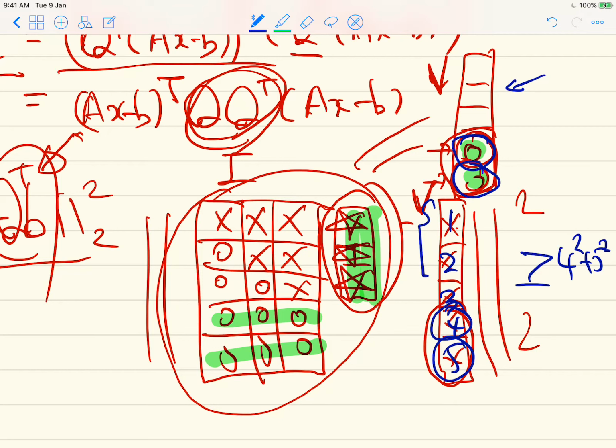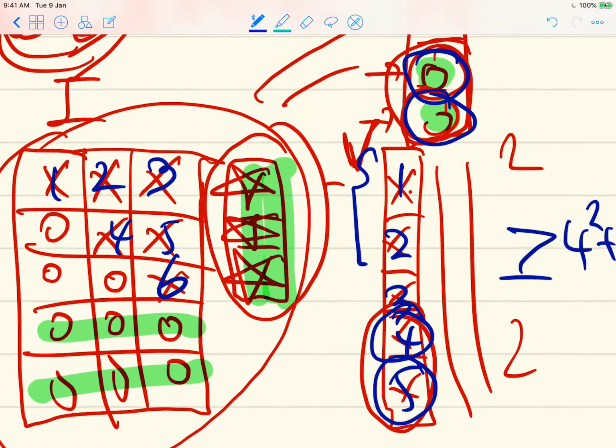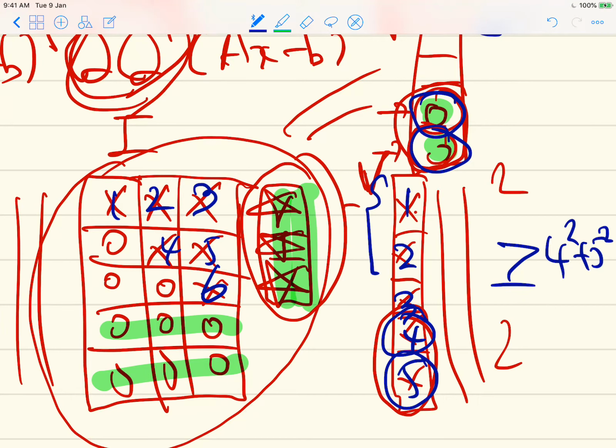So it is like 1, 2, 3, 4, 5, 6, and then we want to multiply this upper triangular matrix and this guy, and make it as close as possible to 1, 2, 3, which is the given vector, right?